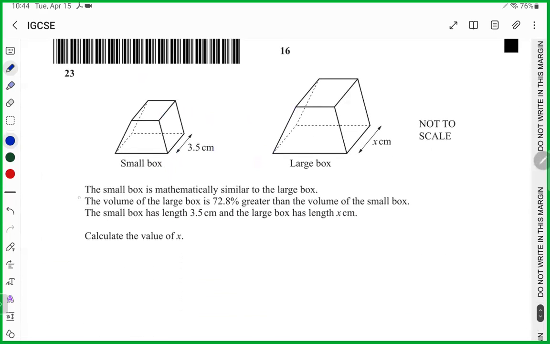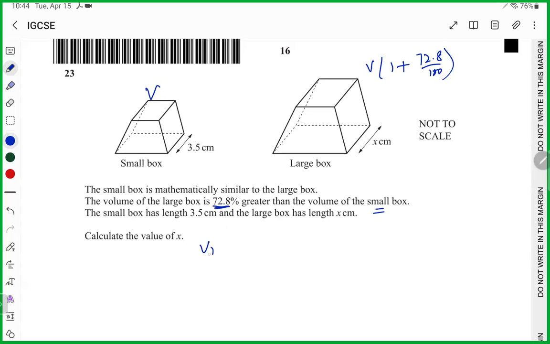Similarity: the small box is mathematically similar to this one. The volume of the large box is this percent greater than the volume of the small box. So if the small volume is V, the large is going to be V times 1 plus 72.8 over 100. The small box has length 3.5, find the value of x.